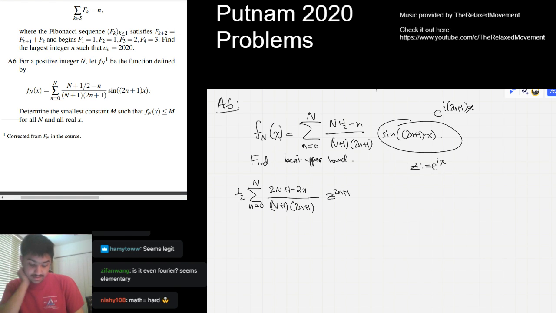Because this thing, it's like some constant. This is really bad, right? This is not doable. We can't find a closed form for this, I don't think. Yeah, I'm very doubtful that we can find a closed form.